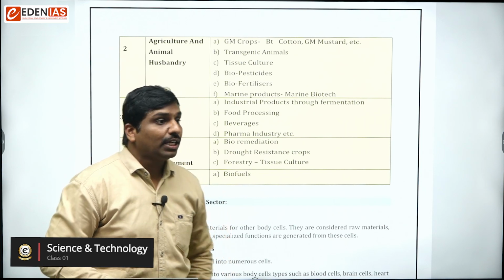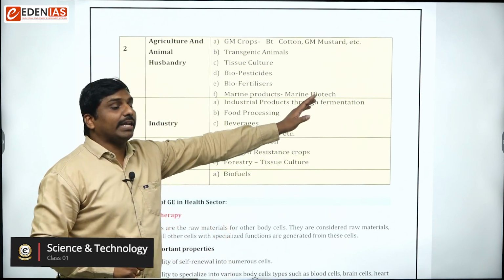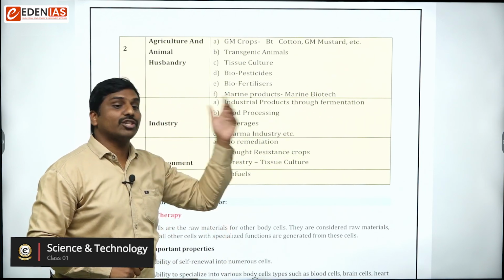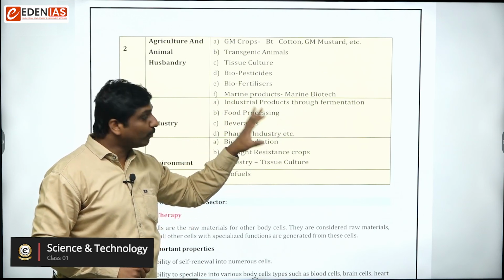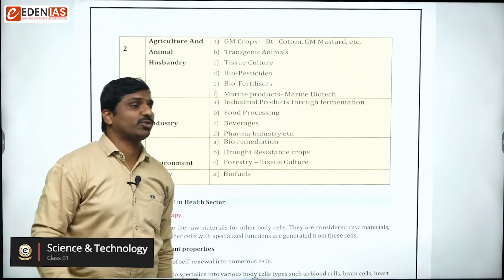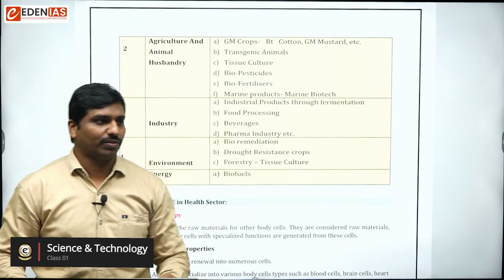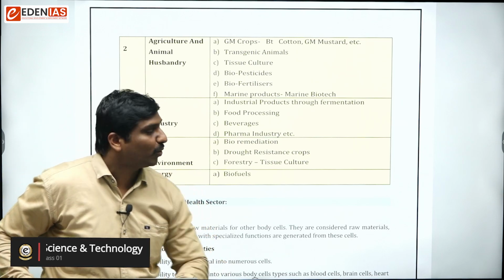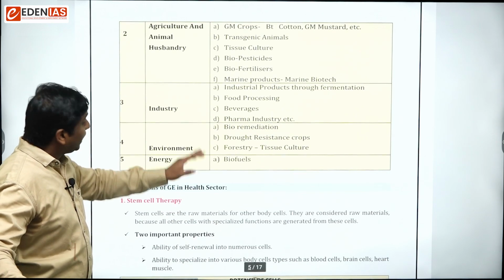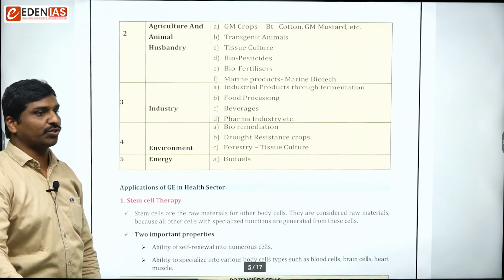There, through the process of fermentation, we can produce certain industrial products. So that would be one advantage. Then in food processing, in beverages, or in the pharmaceutical industry, we can have the application of biotechnology. Okay, in a similar fashion, even in the environment also we can use it.